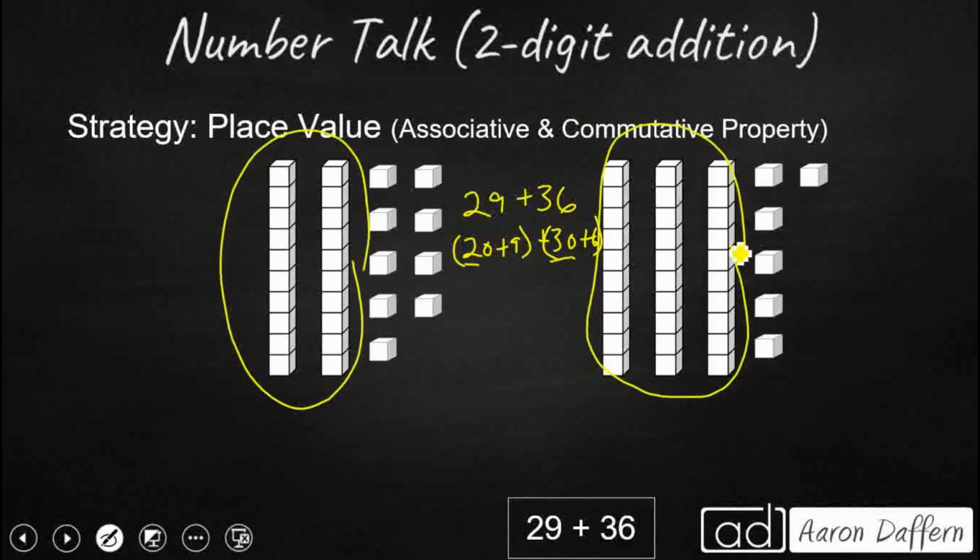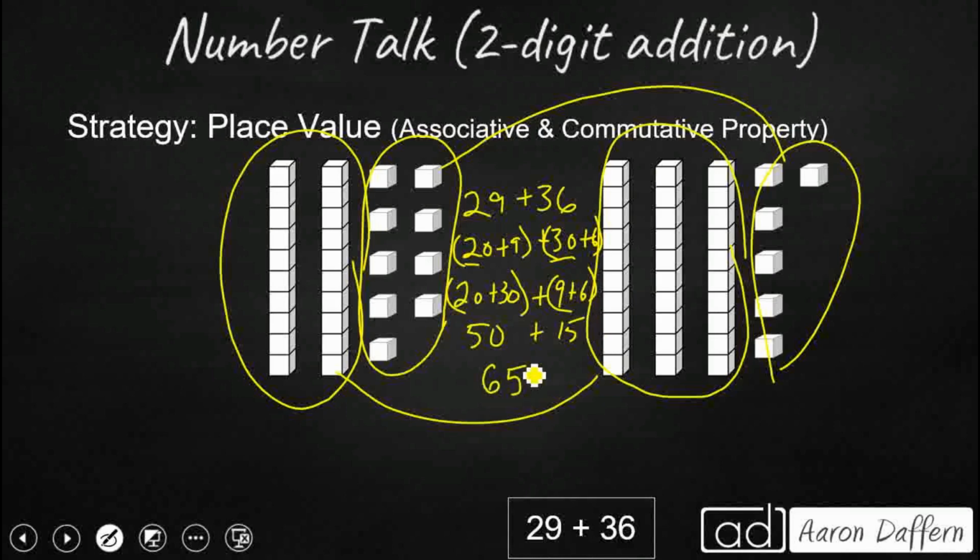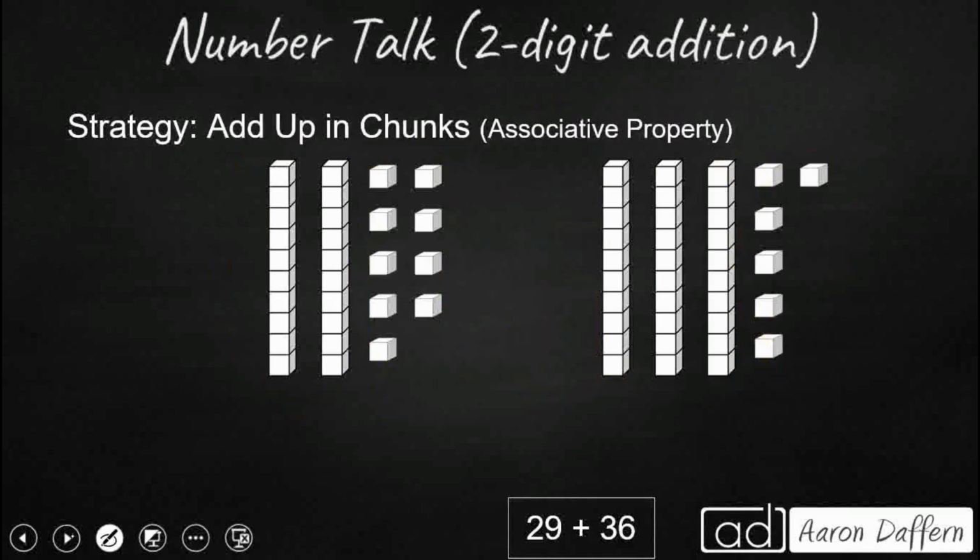I want to do my 20 and my 30. So there's my 20, there's my 30. And then I just need to add whatever's left over. So I got my 9 and my 6. So my 20 and my 30 went first. My 9 and my 6 go second. So that's 50. 9 and 6 is a basic fact. That's 15. 50 plus 15, guess what? Number's not changing. We're going to stay at 65.